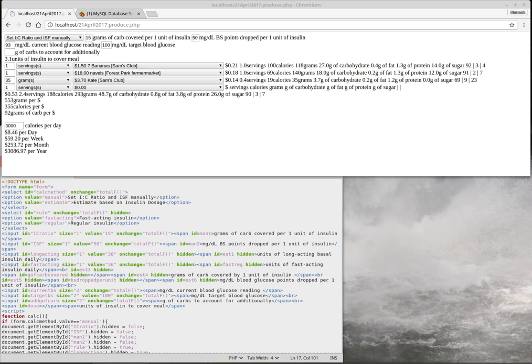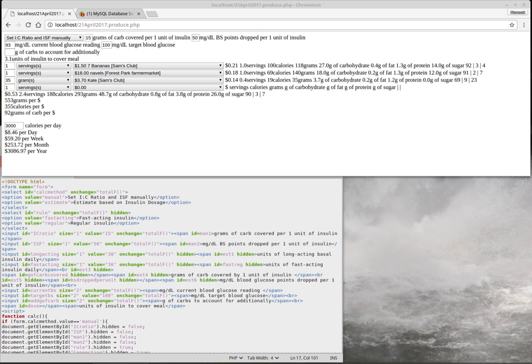But because my doctor told me that I need to calculate based on grams of carbohydrate and not on calories, they gave me a formula, which is what everyone uses, I guess.